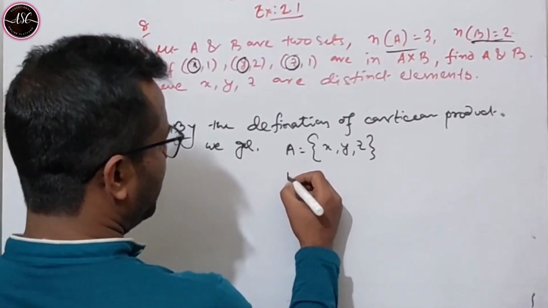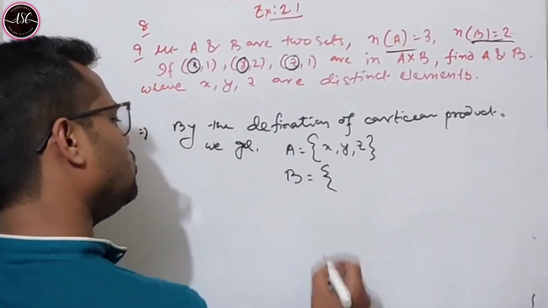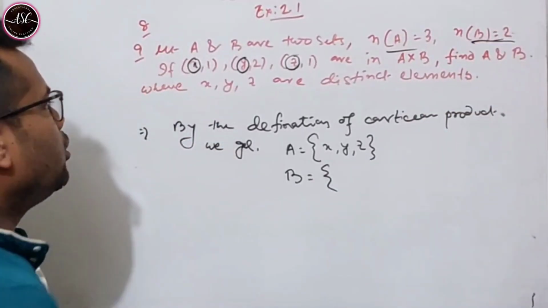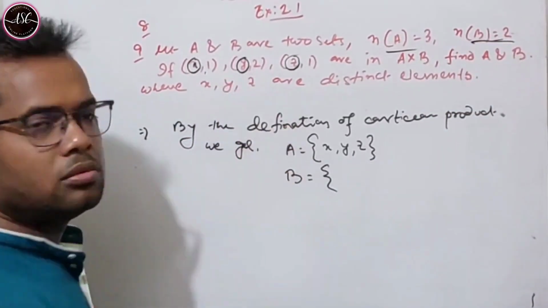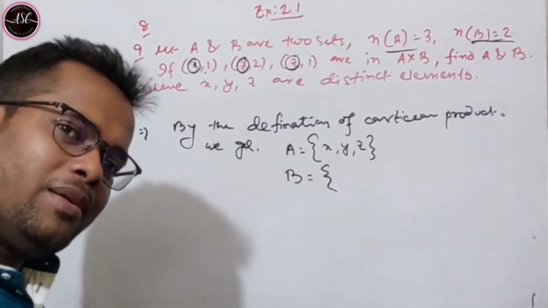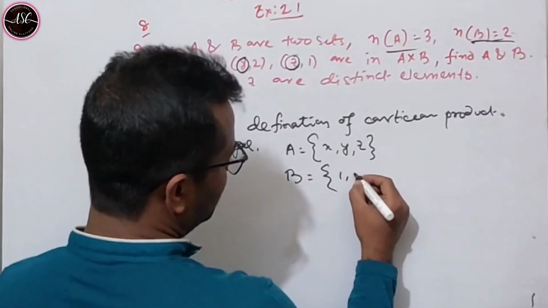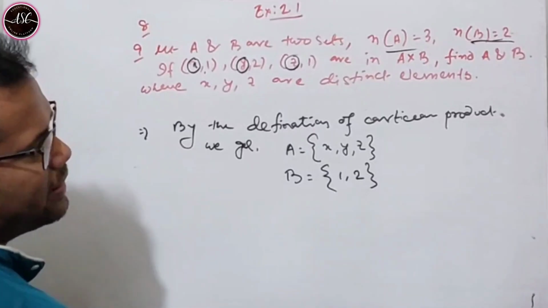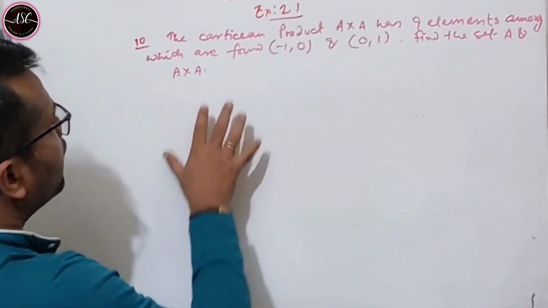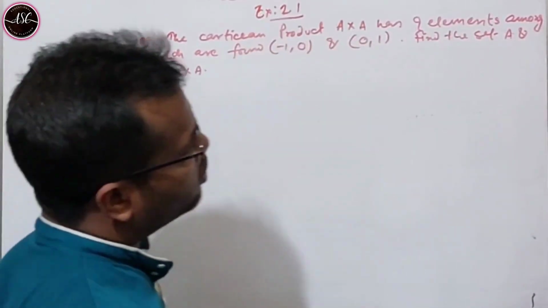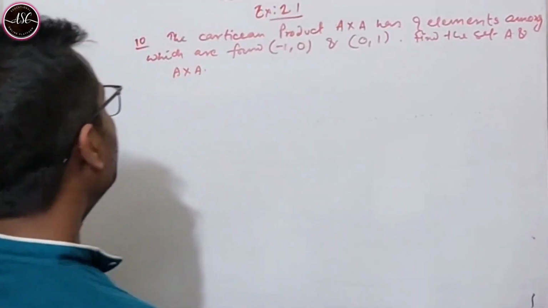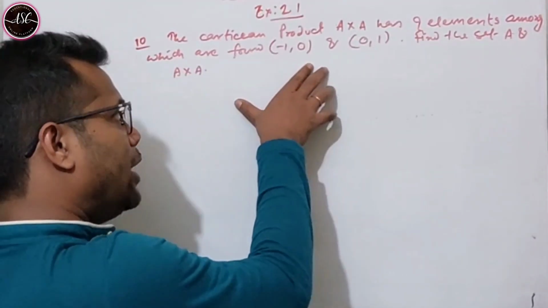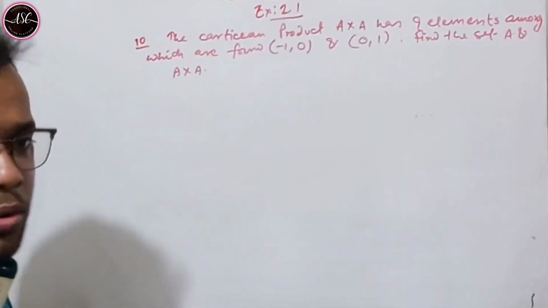Then we have to find B. B has only two elements, so 1 and 2 are the elements of B. So B equals {1, 2}. Okay. This is your answer. Now look at question number 10. The Cartesian product A cross A has 9 elements, among which are found (-1, 0) and (0, 1).